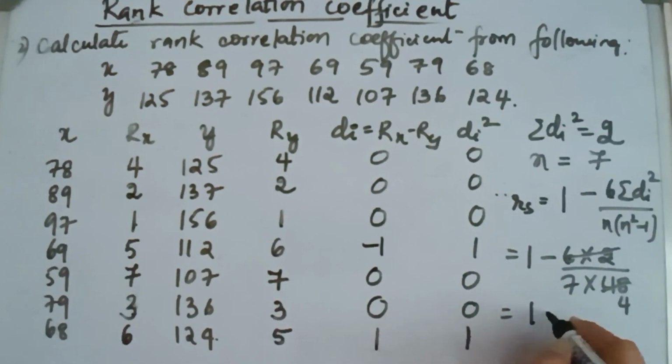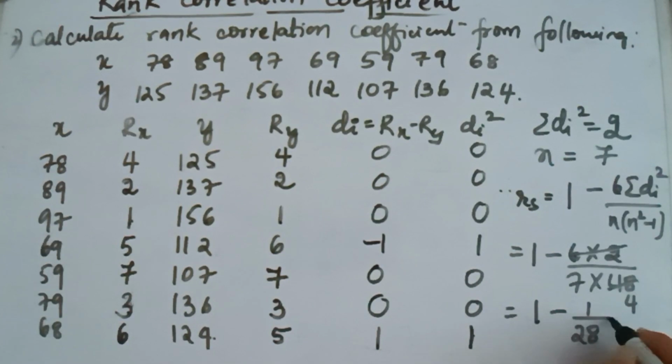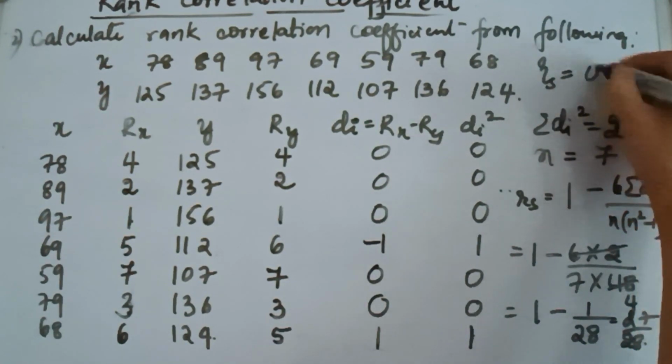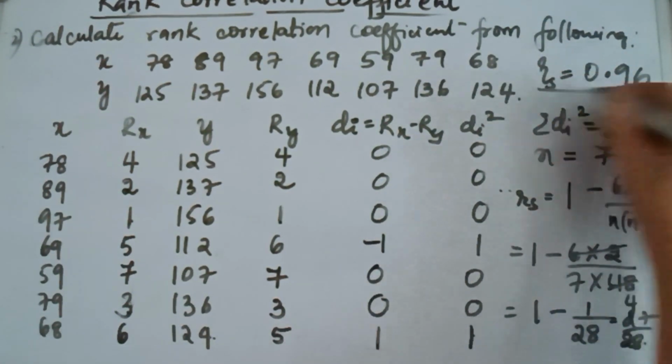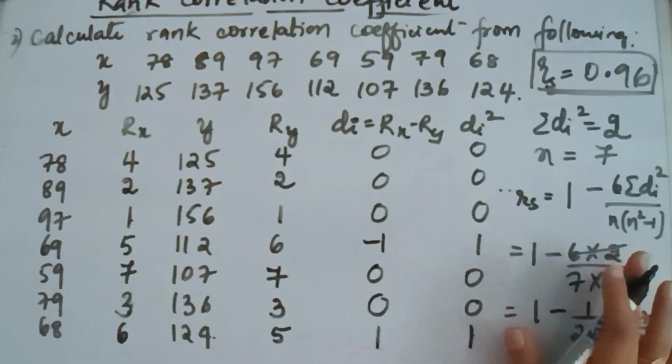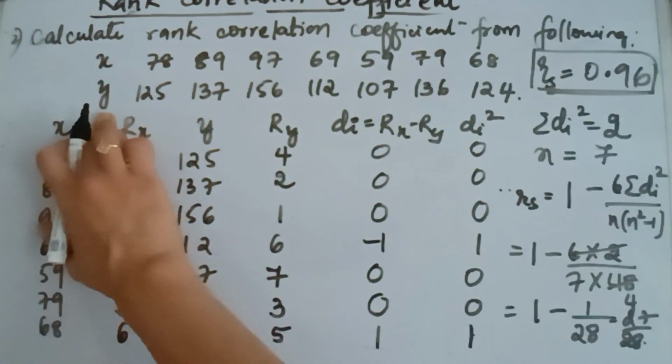So you'll get 1 minus 1 by 28, which is equal to 27 by 28. I'll write here, rs is approximately equal to 0.96. So this is the value of Spearman's rank correlation coefficient between these two variables x and y.